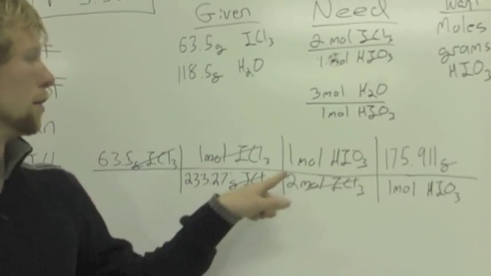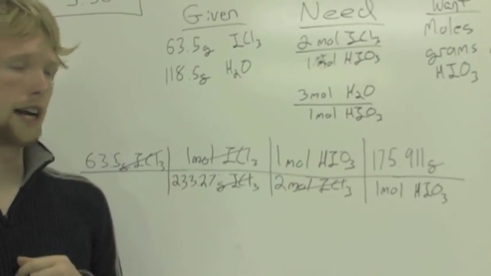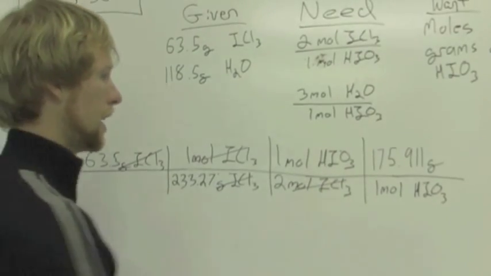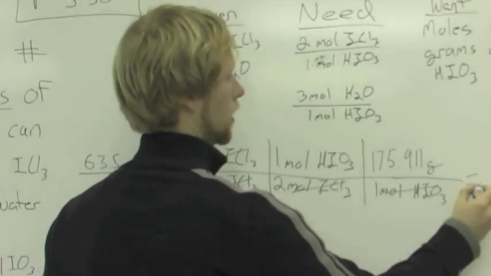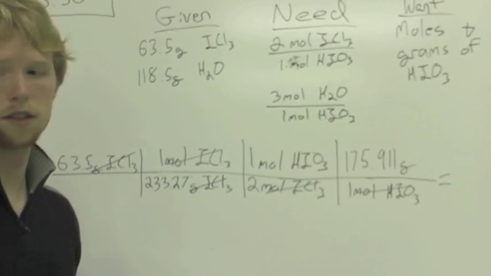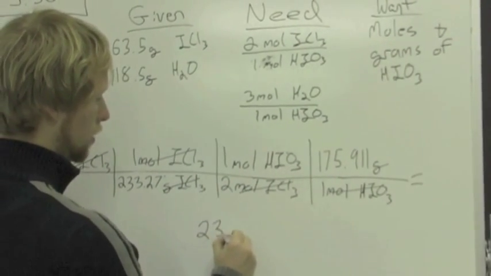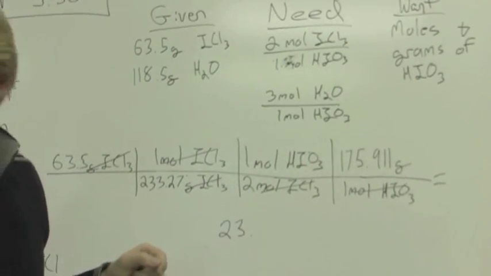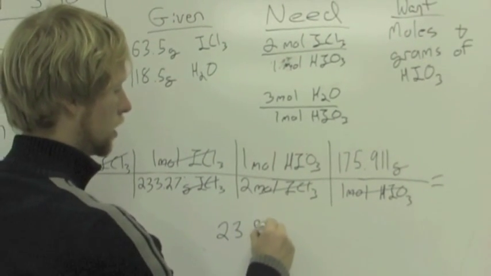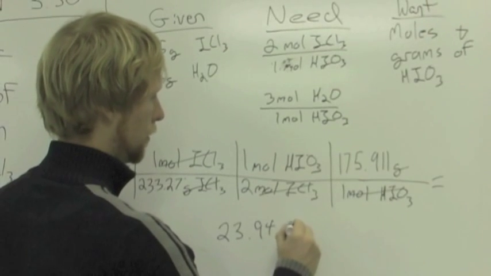Now finally, we convert moles of iodic acid to grams of iodic acid. And the answer to this is 23.94 grams. You can do that calculation yourself to check me on it.